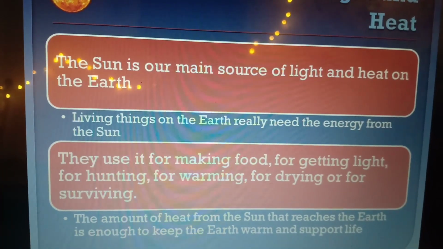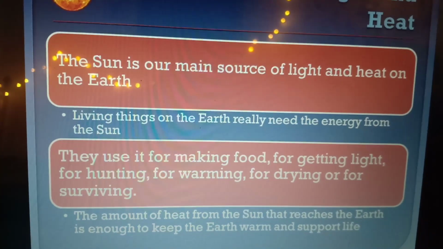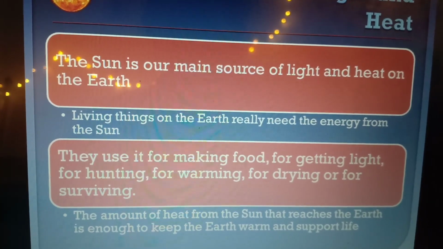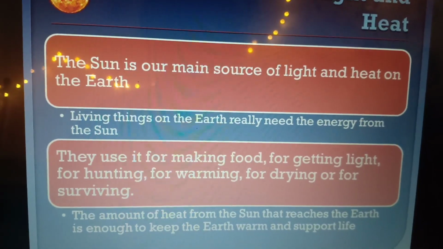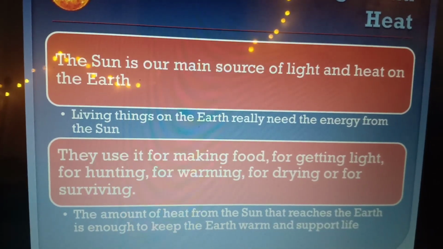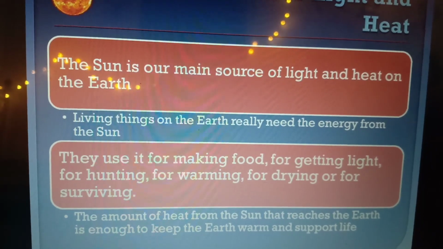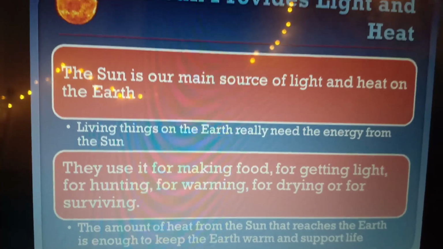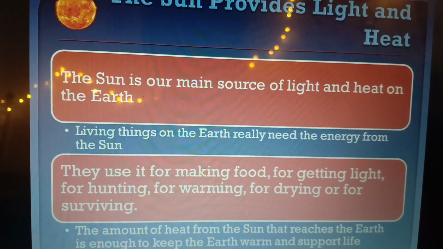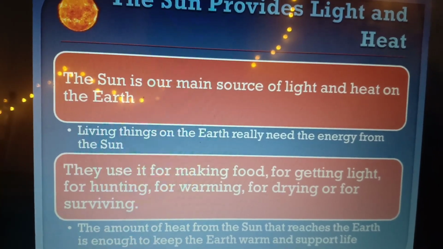Imagine if there is no sunlight, is it possible for them to survive or to make food? It's impossible, right? And the second, for example animals, because of the light and the heat from the sun, they can survive.